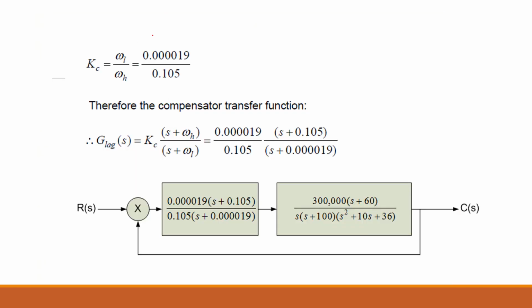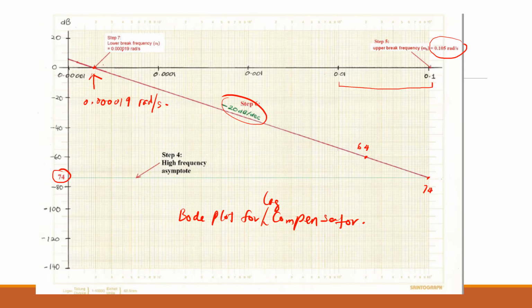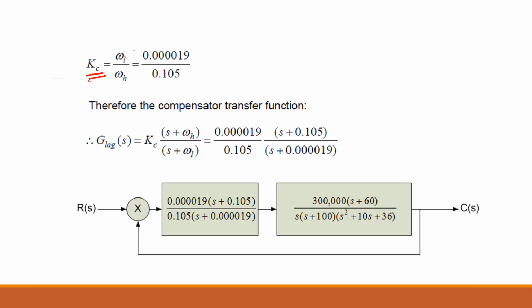Next, to find the gain of the compensator, we use the formula. We find the lower break frequency omega L divided by the upper break frequency 0.01.